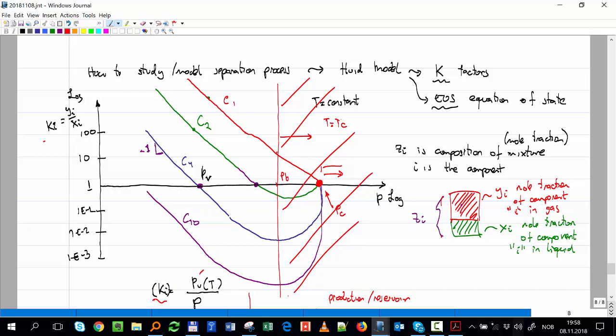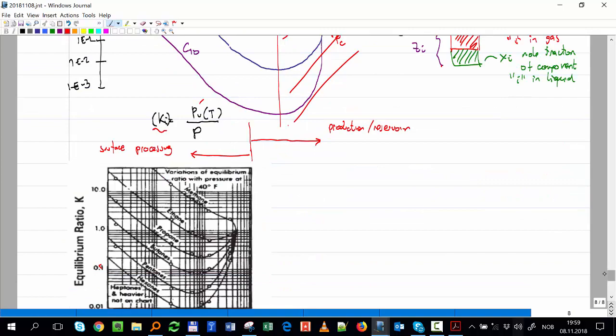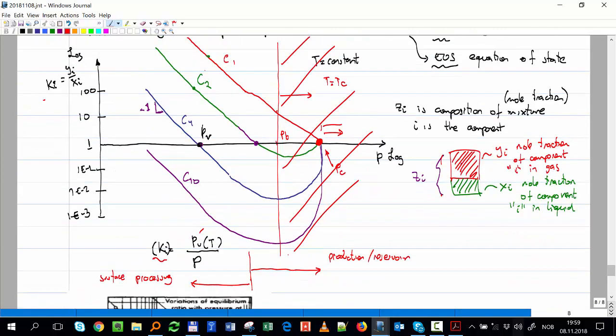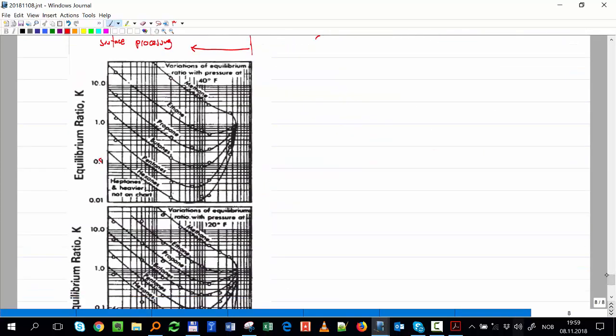That's where all the points will converge. For this class, we are going to use just this range, where the equation is linear, and an equation called the Wilson equation.